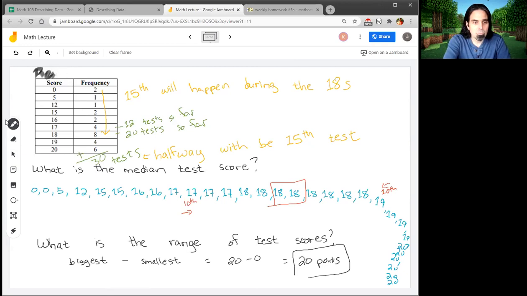The range is in this column. Don't look at this column and think the range is 8 minus 1 is 7. We're not asking how tall.